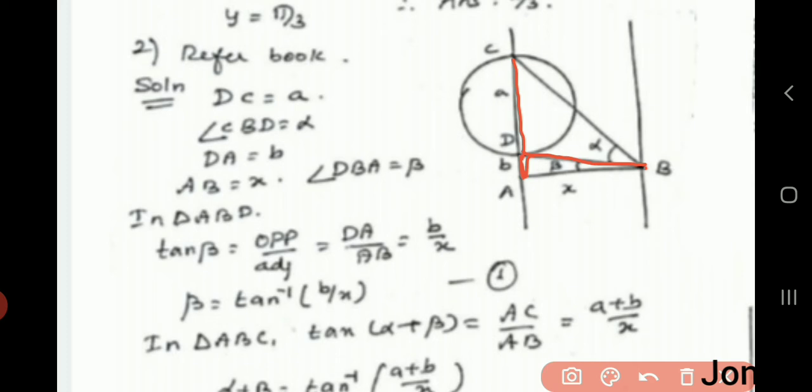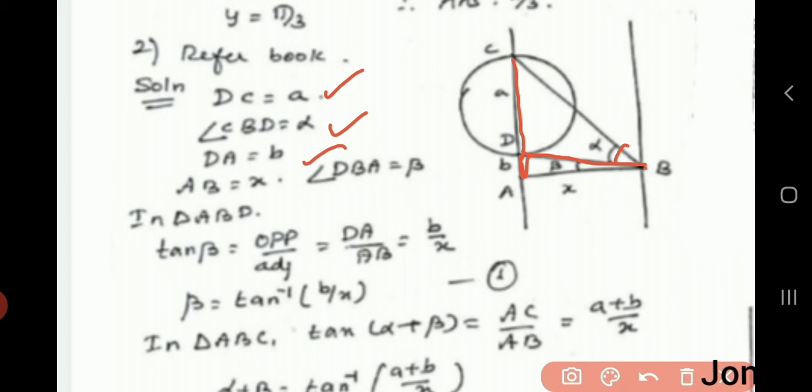Okay, now from the diagram we can write DC is a, the diameter of the green signal is a meter, and angle CBD is nothing but angle alpha, it's given in the problem itself. And then DA is also given in your book, the height from the bottom of the green signal to the viewer's eye, that is b.